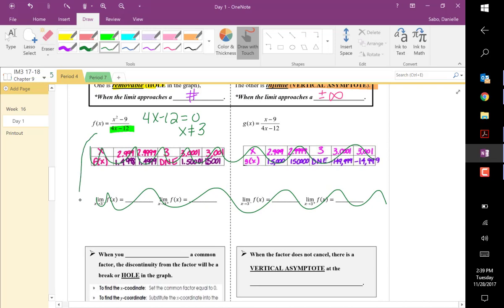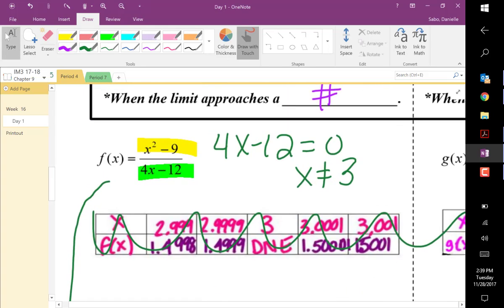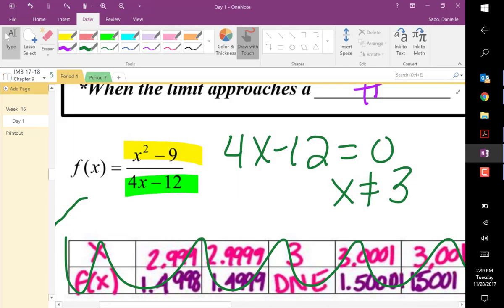I'm going to go down to this little space here so that we can talk about it a little bit more. Do you notice something about the numerator? Does it look like something we've been doing, like for the bell ringer and things like that? Can I factor x squared minus 9? What does this become?